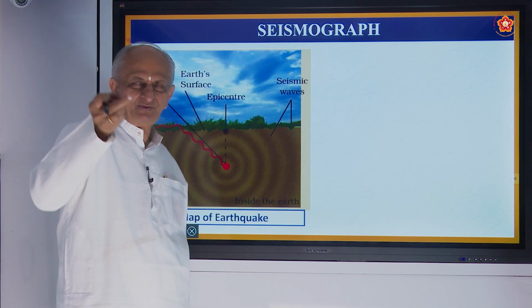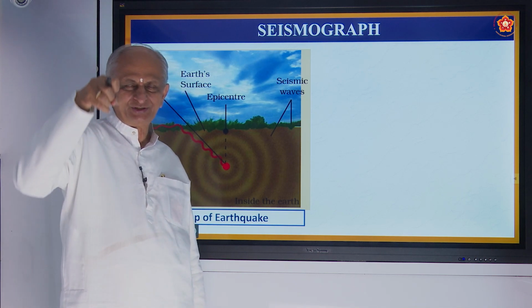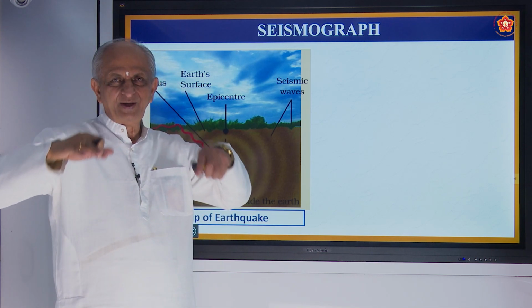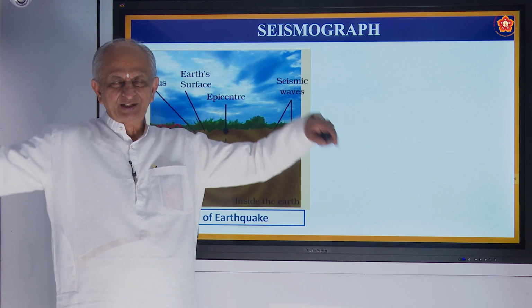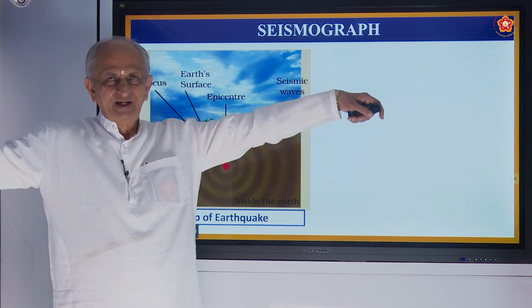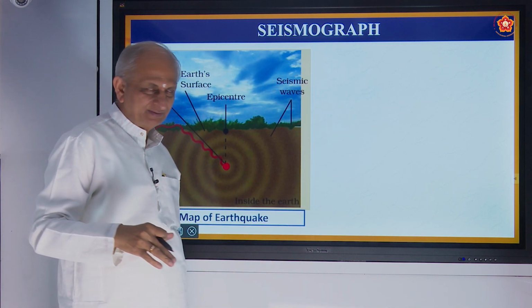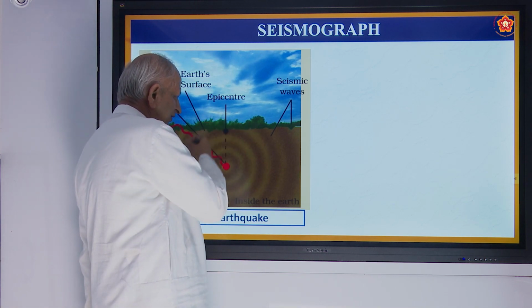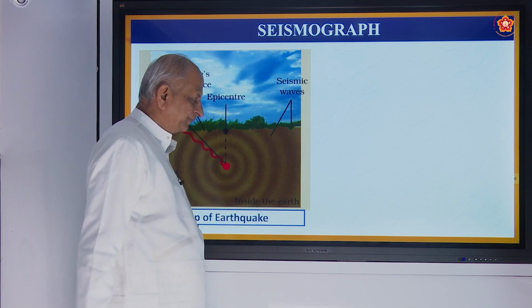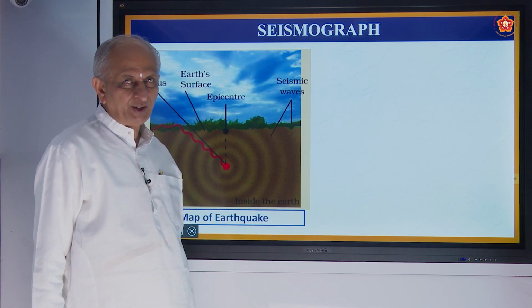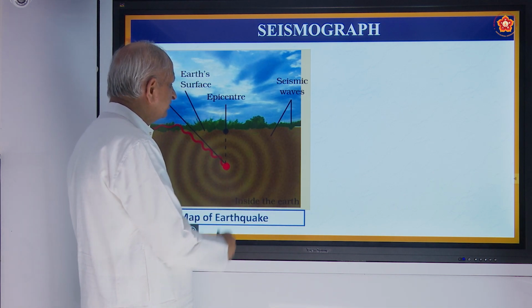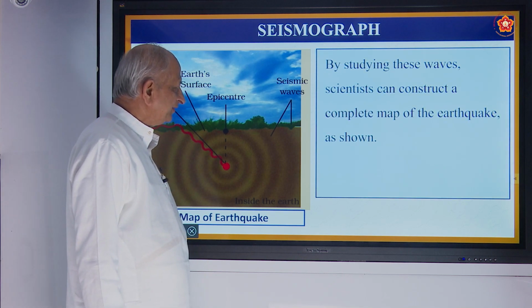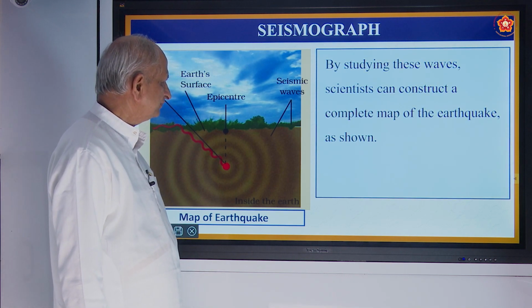Just as you have seen the waves in the well, put a stone, all the waves are produced. These waves will transfer to the end, correct? So also here these circles will go on sending the waves. That is how it actually happens, and the device is called seismograph.